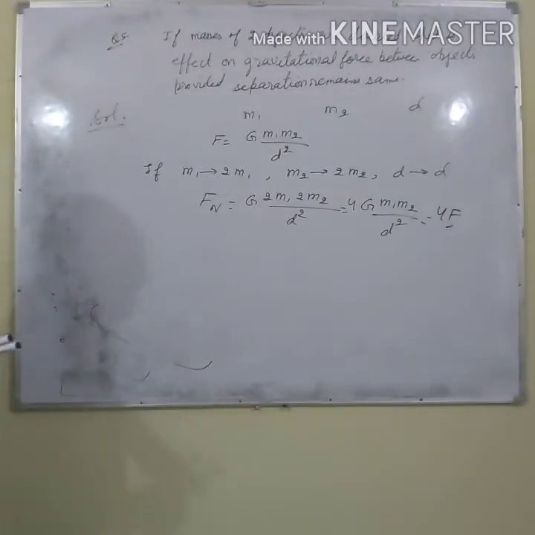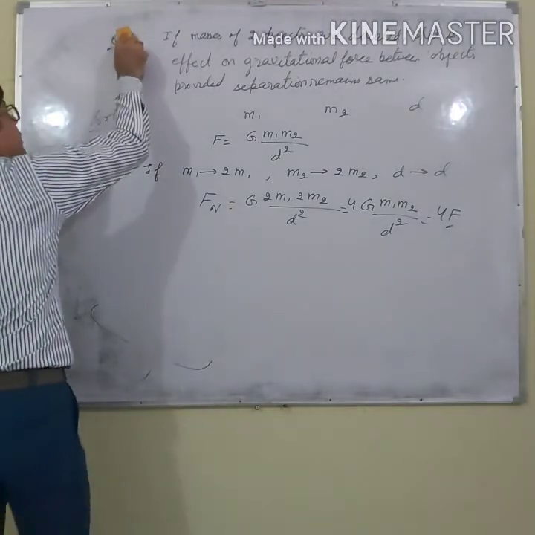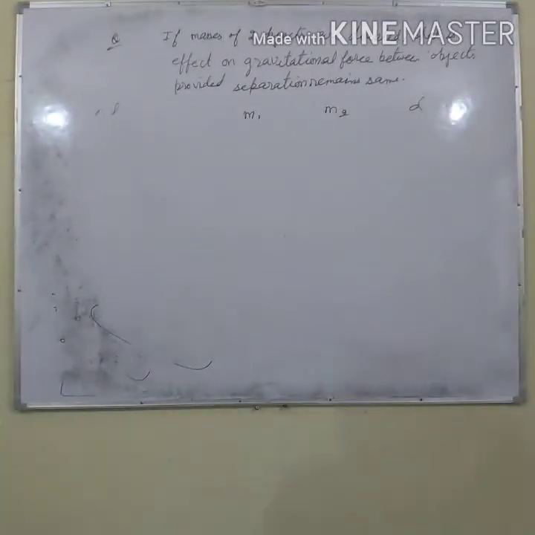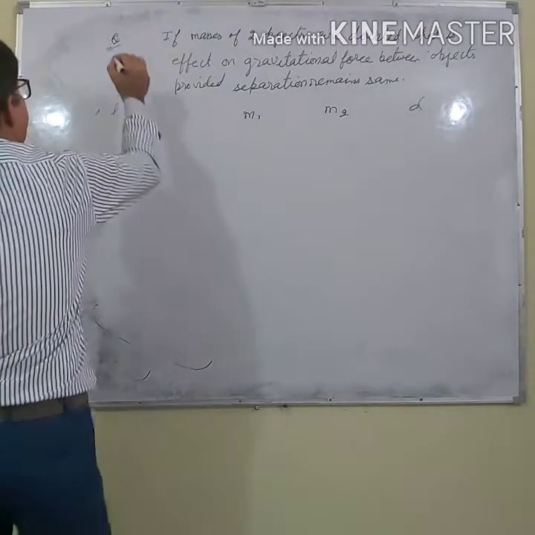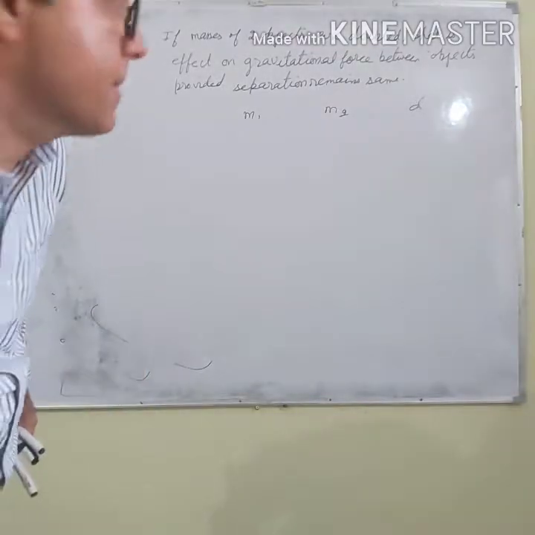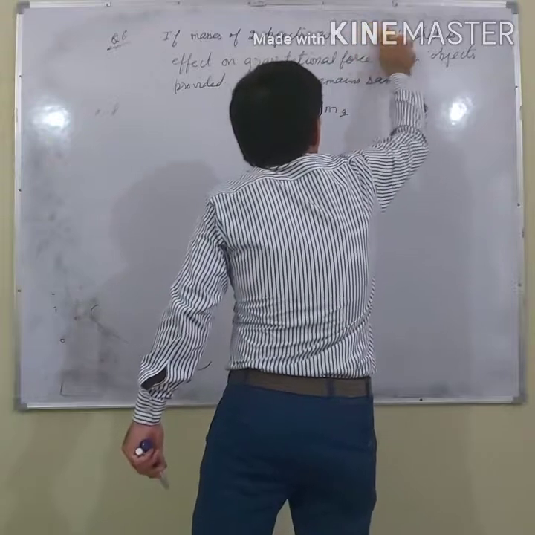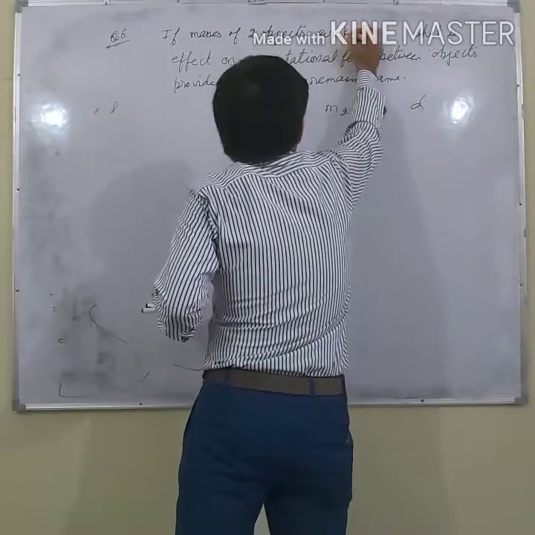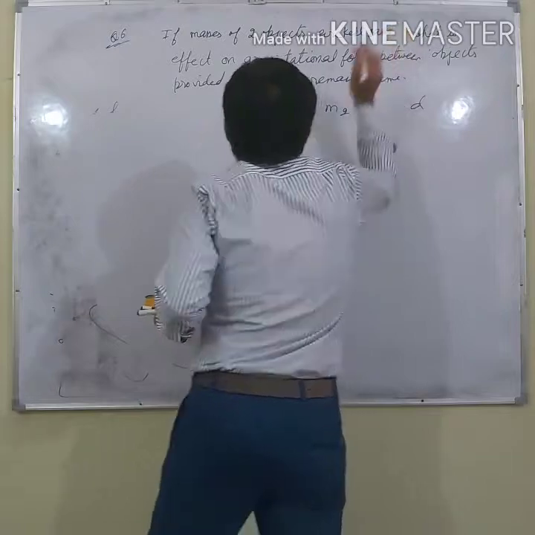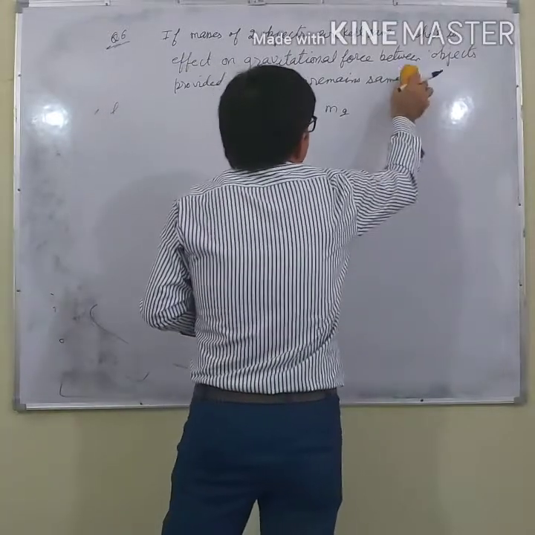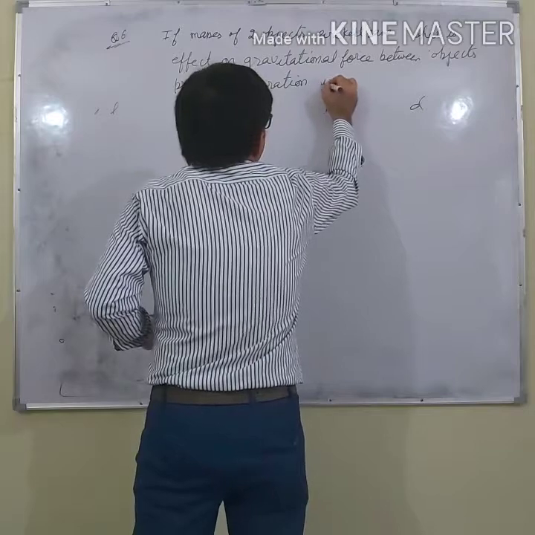Let's move to the next question. In question number 6, what I am given: if the masses of two objects are kept same, what is the effect on gravitational force provided separation is doubled?